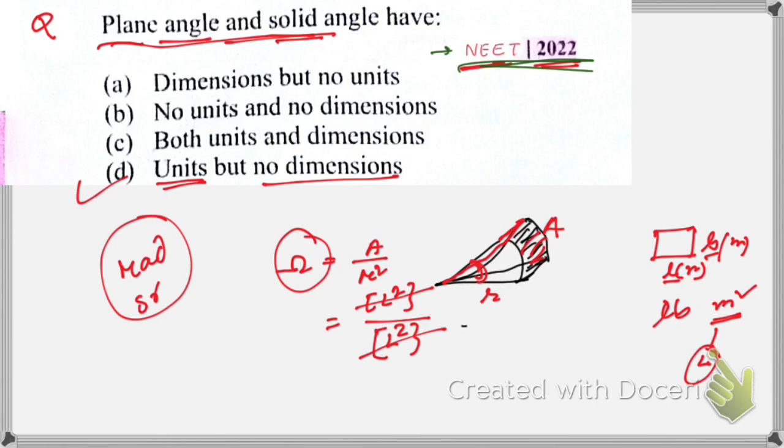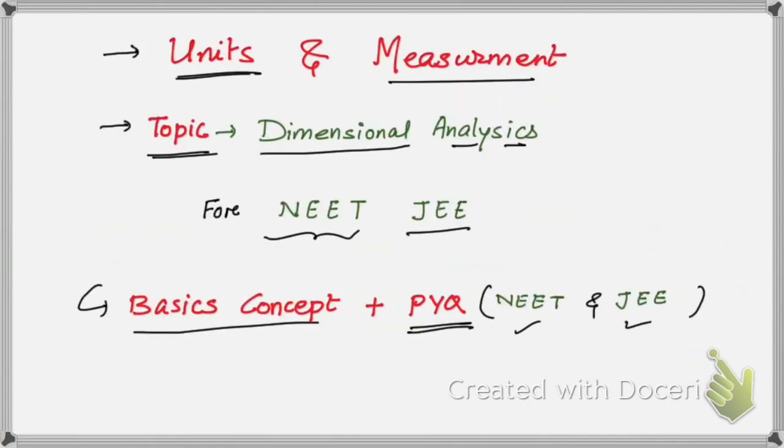I would like to say that you will be able to solve these kinds of problems if you know all the physical quantities and how they are related to each other, their formulae and relationships. Only then can you solve these kinds of problems, which are generally asked in JEE and NEET entrance examinations.